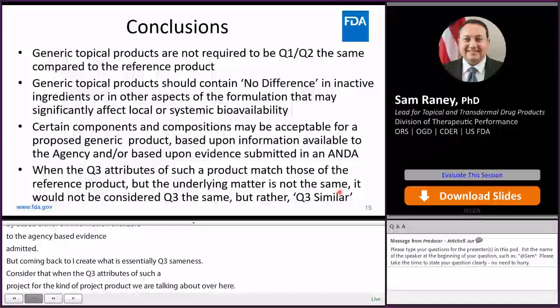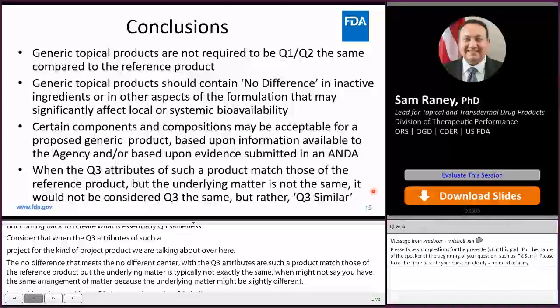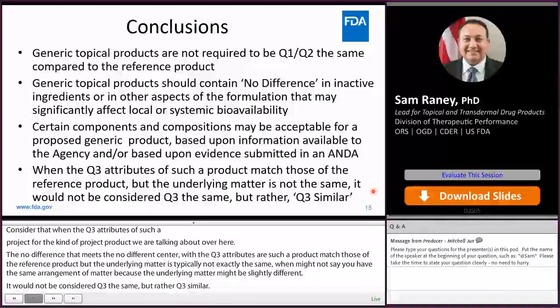So it would not be considered Q3 the same, but rather Q3 similar. So both from a technical perspective as well as from a practical perspective, and based upon the evidence that we're seeing, the concept of Q3 similar may be the right way to think about these products.